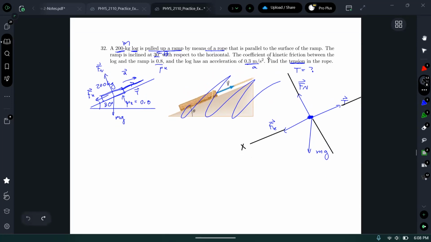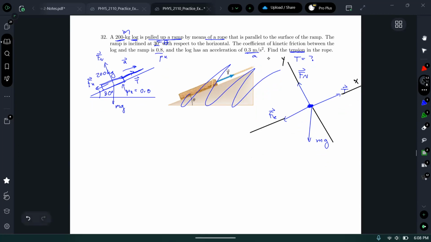I tend to lean towards calling the direction the thing is accelerating positive X. So I would go up here. If you just prefer that the right always be positive X, that's fine too. Just be sure to account for any negatives that would come out as a result of that. Okay, now I need components for anything that's not on an axis, which in this case would be the weight vector. It's got this component along the y-axis. That's how much of the vector points along the y.